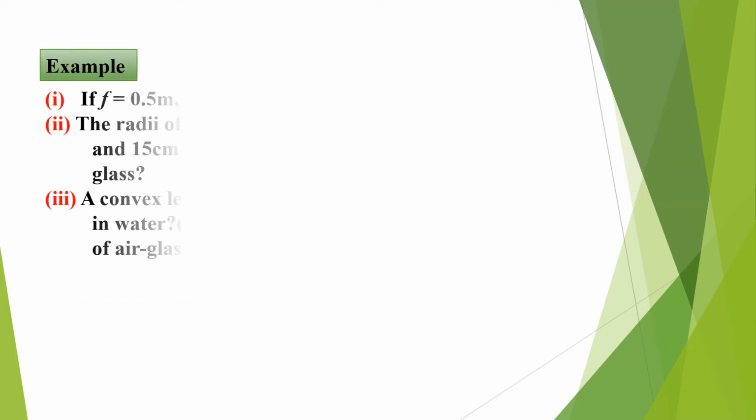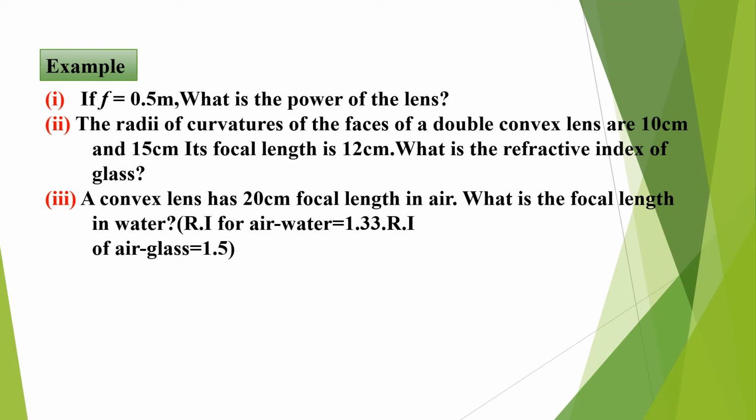One more example. First one: if focal length f is equal to 0.5 meter, what is the power of the lens? Second one: the radii of curvature of the faces of a double convex lens are 10 centimeter and 15 centimeter. Its focal length is 12 centimeter.